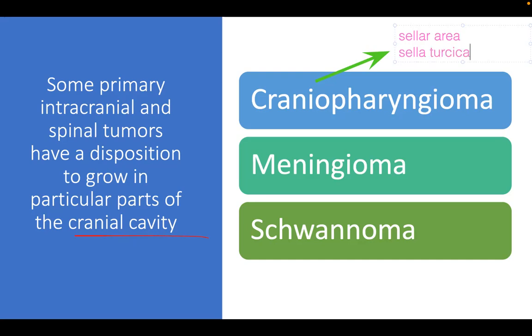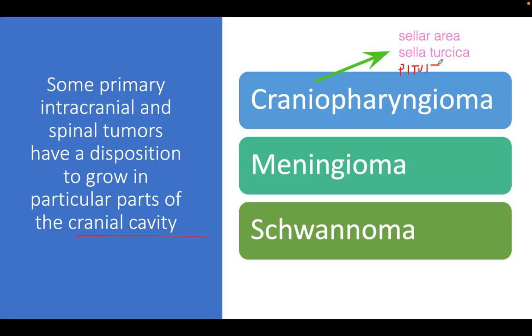Now, can anyone here type in what important endocrine organ is near the sella turcica? Okay, what is that endocrine gland? It is the pituitary gland.